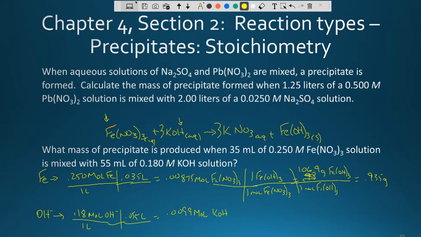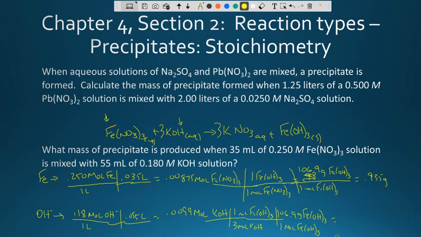Okay, now let's follow my potassium hydroxide with it. I see that it is a 3-to-1 ratio. That means I have 3 moles of potassium hydroxide to 1 mole of my iron hydroxide. And so then I do that last same step, 1 mole iron hydroxide into 106.9 grams of iron 3 hydroxide.